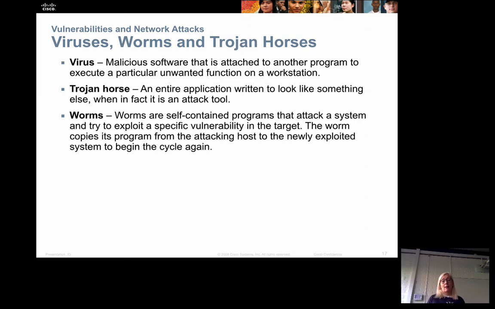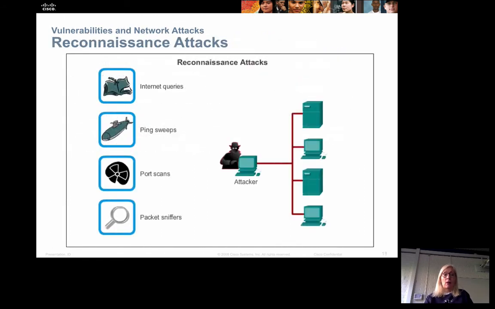A worm is almost like a virus, but this is a type of program that starts its own life and then starts to copy itself over the network. And of course, there is only one way of avoiding this, and that is to have some kind of antivirus program installed, both on your network, but of course also on your end devices.